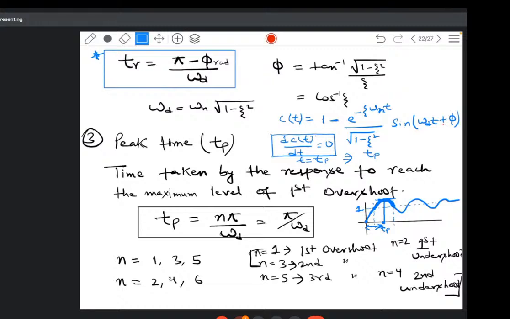Because this kind of derivation anyhow will take time. Even if I do, it will take time. So that is why I recommend you to remember the formulas, so that you can move on to the next problem after completion of the first problem. Okay, now the next is settling time.